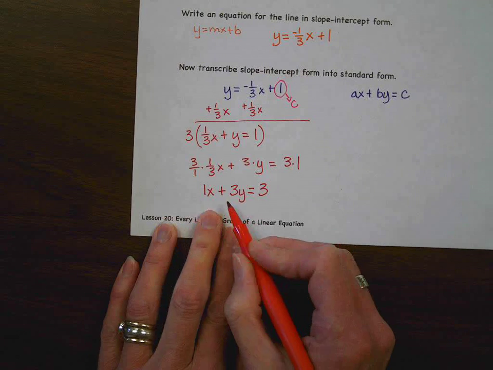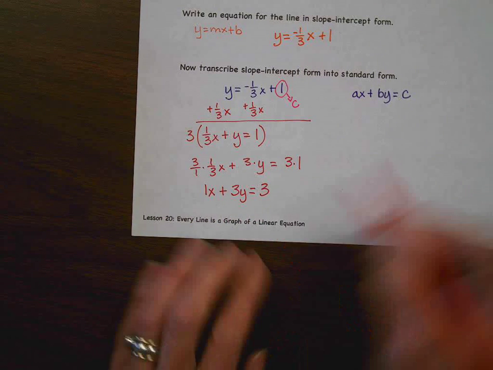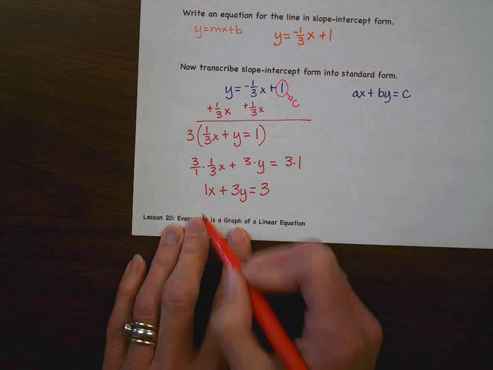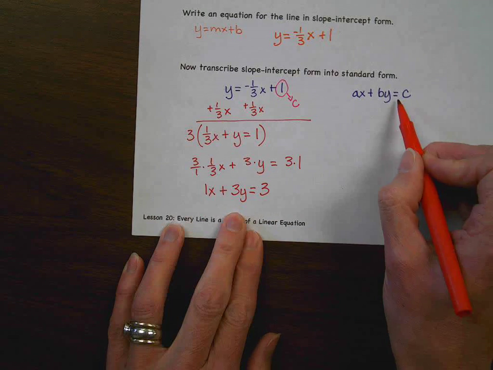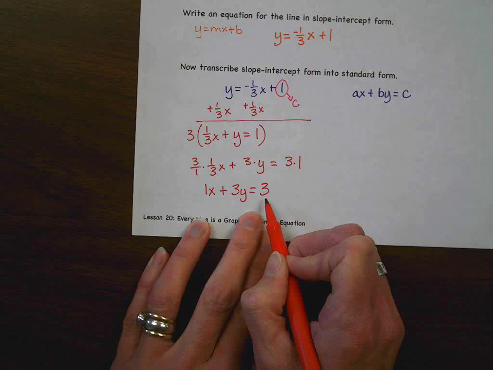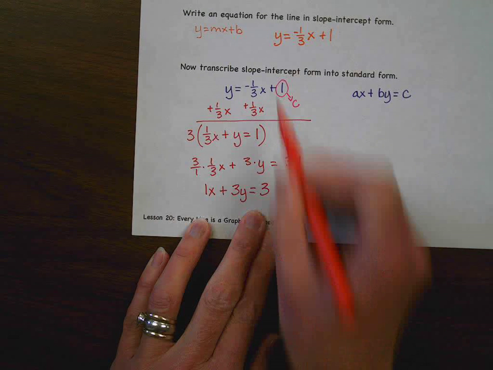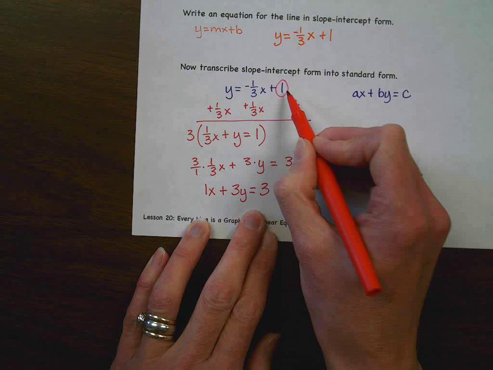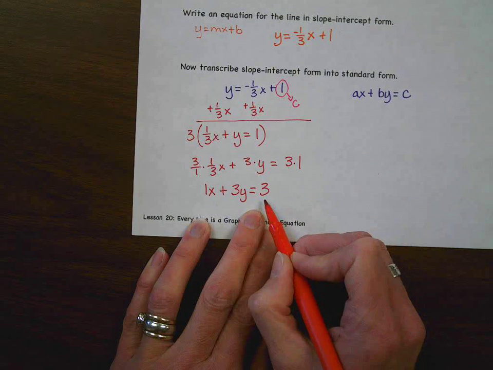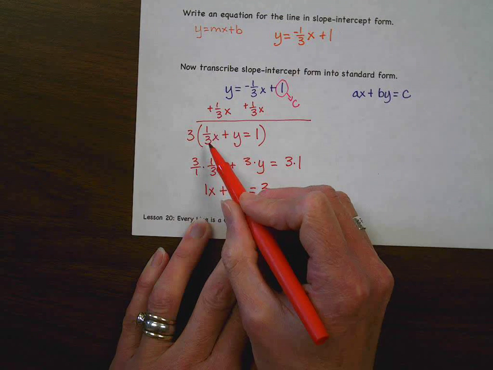So this right here would be an ultimate standard form, because remember, standard form is ax plus by equals c. And the c for this one would be 3, because we had to get rid of that fractional form.